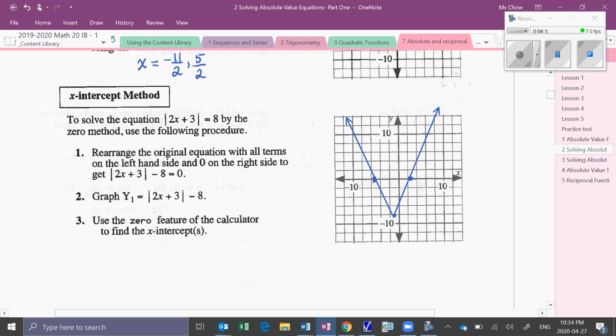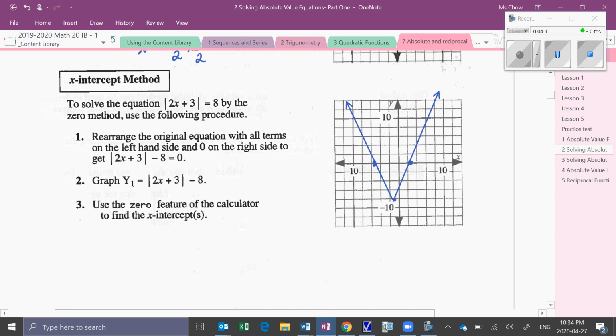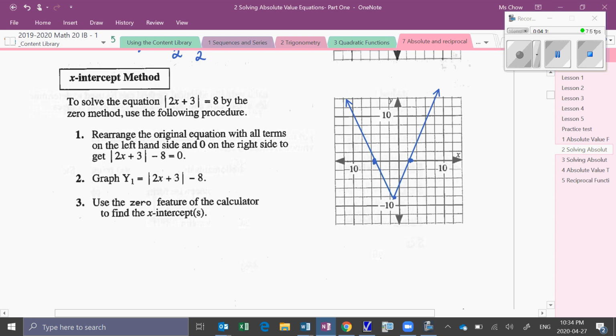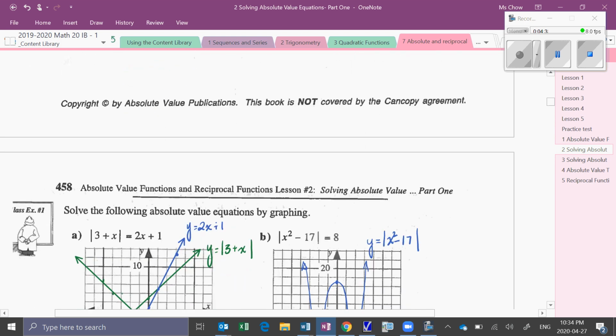And of course when we use the zero function on our calculator in that calculate menu, we find out that these x-intercepts that I've indicated are exactly the same as above, negative 11/2 and 5/2. Awesome.